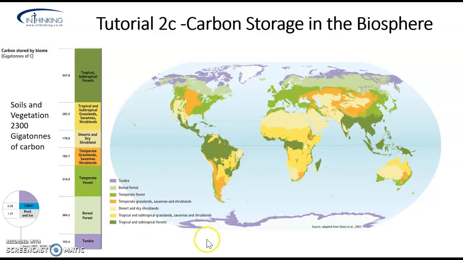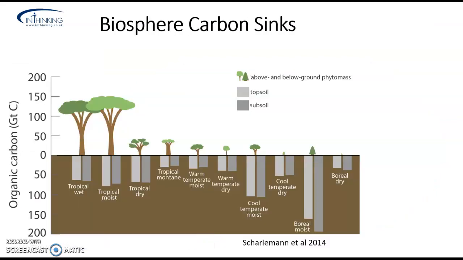And it's quite interesting to look at the differences in carbon storage within these different biomes. So if we look at tropical forests, you can see here that the vast majority of carbon is stored above ground and is sinking carbon through photosynthesis. There's a large amount of carbon stored within the soils and subsoils.